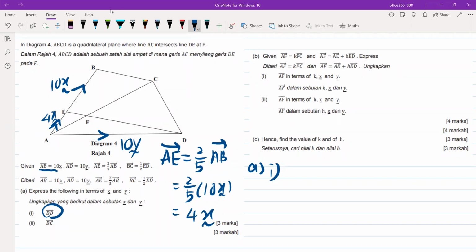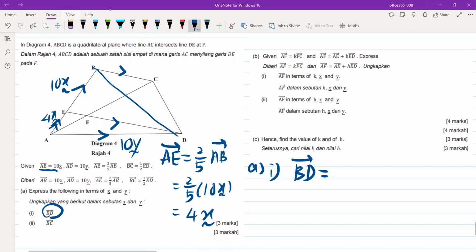Okay. BC is half ED. Where is ED? Yeah, half of it. So this is the reason, let's try to solve BD first. Try your working. B to D, you have to draw your own line to see the connection easily.